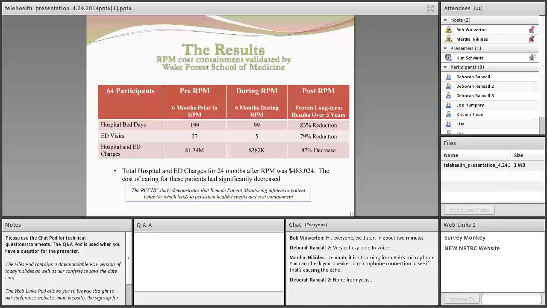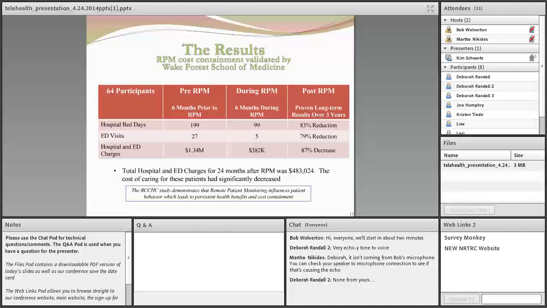So we monitored the impact on their cost data and their bed days. So you can see that those 64 patients had 199 bed days prior to telehealth in that 6-month period. During telehealth, it went down by 50%. What was most amazing is that they maintained that over a 6-month period. In fact, improved on it.